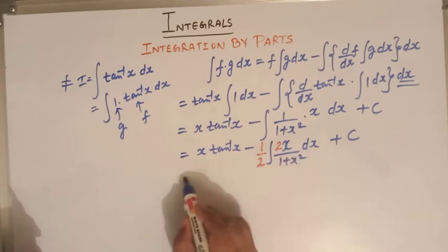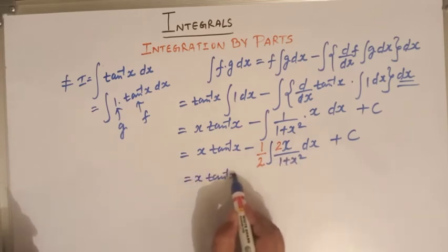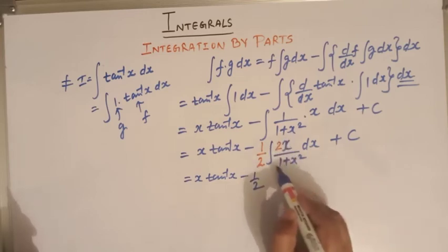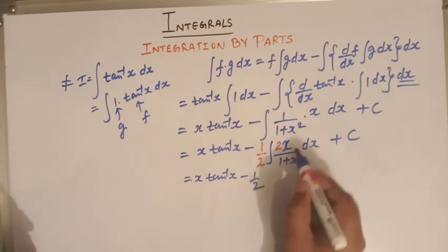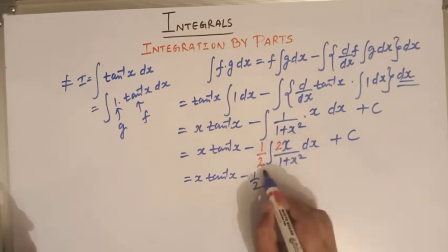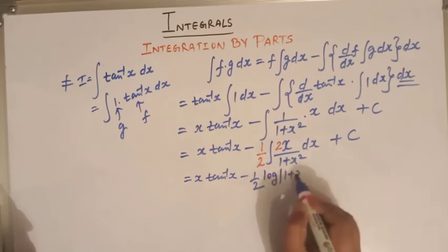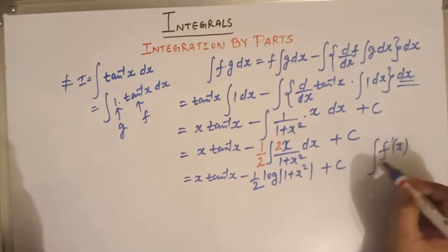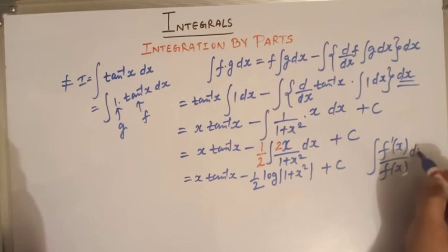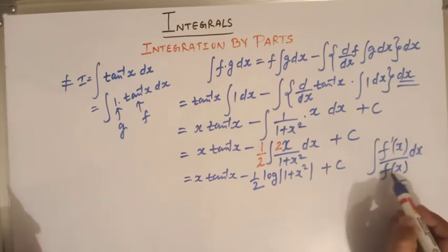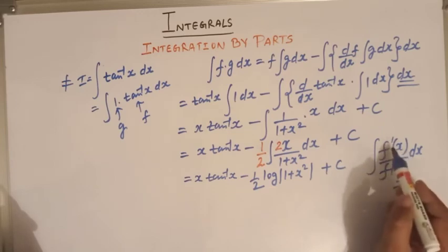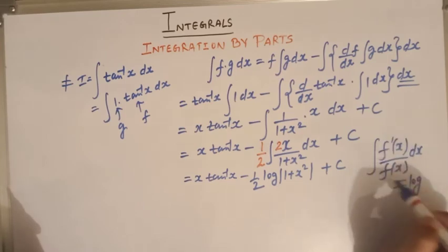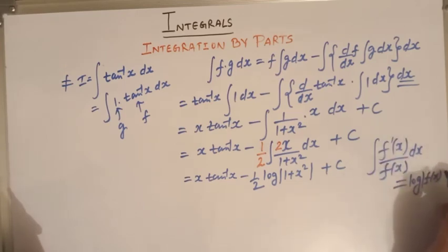But here we have one interesting thing, that 2x is the derivative of 1 plus x square. So the integral of this function is log of 1 plus x square plus c, because we know that if we have an integral of this form, with f of x in the denominator and its derivative in the numerator, then the integral of this function is log of f of x.